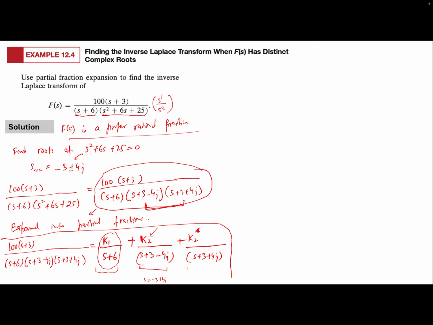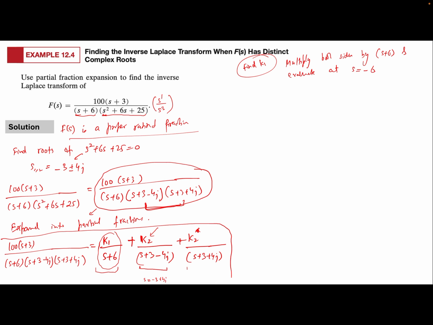Okay, so let's find again k1. In order to find k1, multiply both sides by s plus 6 and evaluate at s equals minus 6.